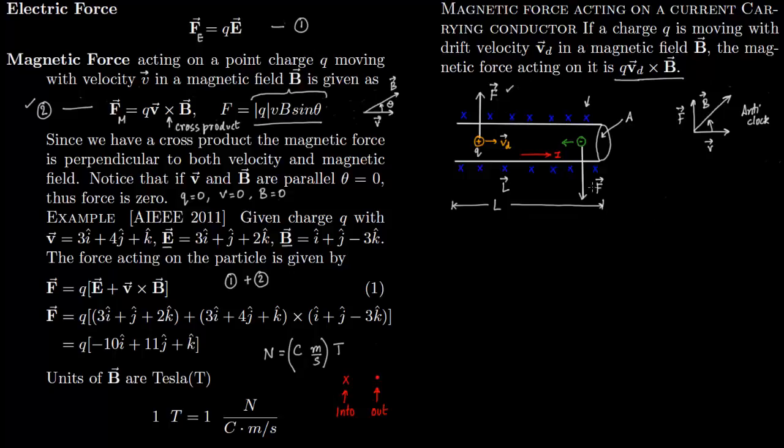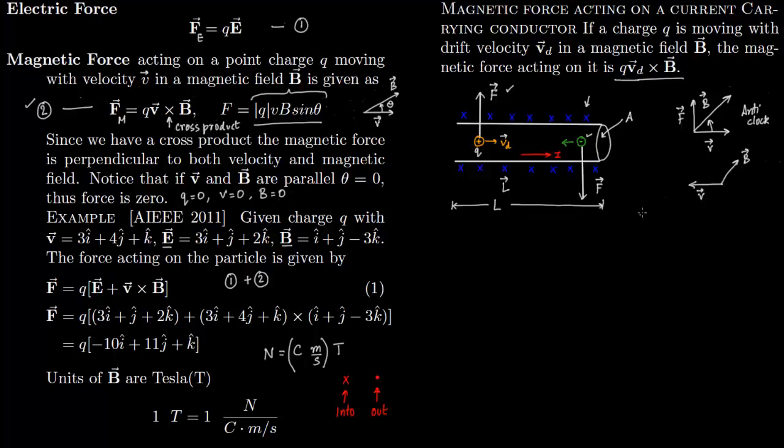What about the negative particle? In the negative particle, which is now here in green, you see the velocity is in the opposite direction. Positive particles and current move in the same direction. The negative particles, that is electrons, move in the opposite direction of the current. So now you have velocity like this and you have magnetic field like this.